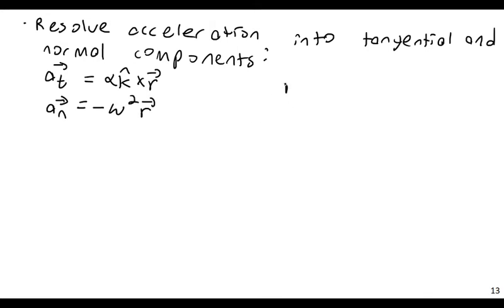Then in scalar form, I can say that a_t is equal to r alpha, and a_n is equal to r omega squared. And again, why do I have a negative on there? Why does the normal vector have a negative on it?